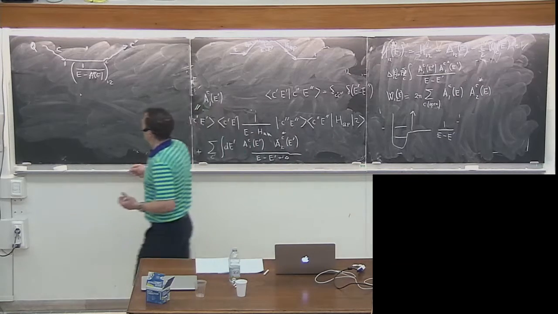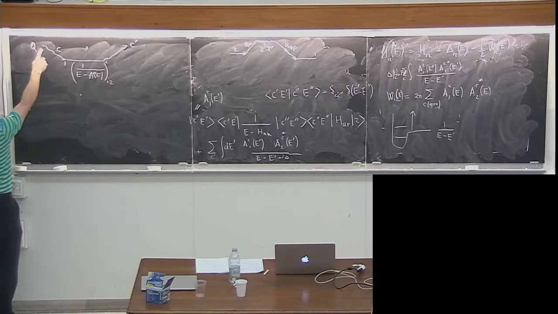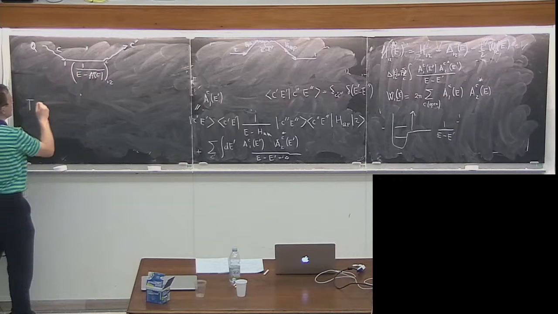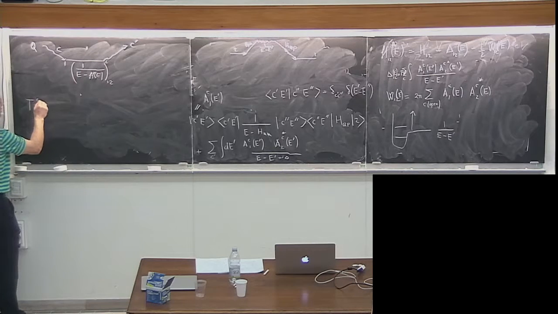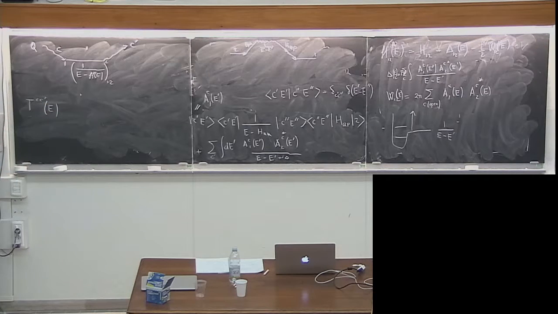So therefore, I will have the exact same diagram, which dictates my T matrix, which is a transition between channel C and C prime, as a function of running energy.